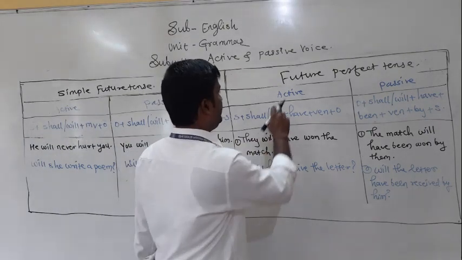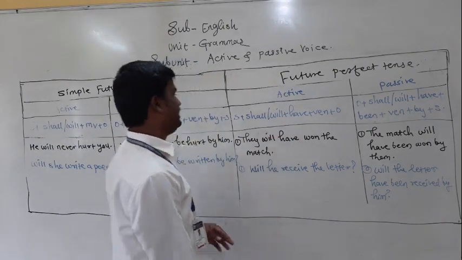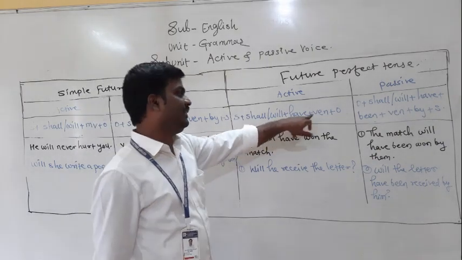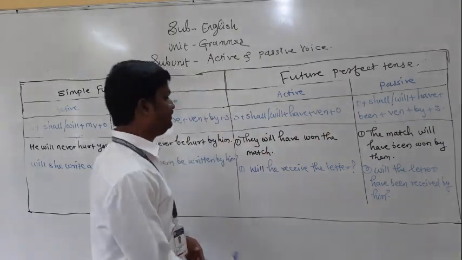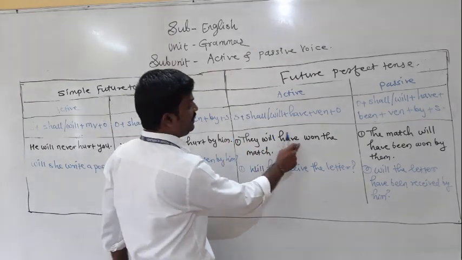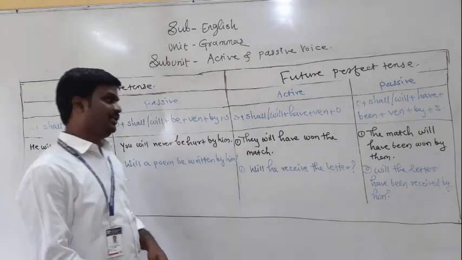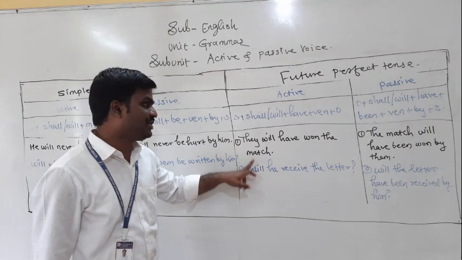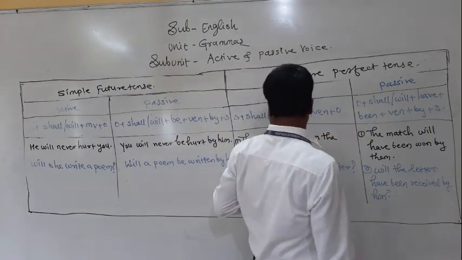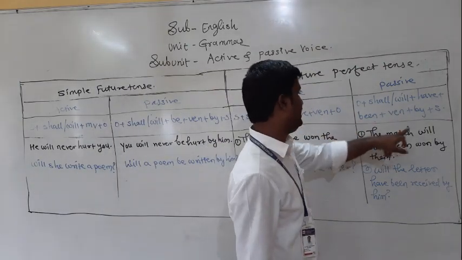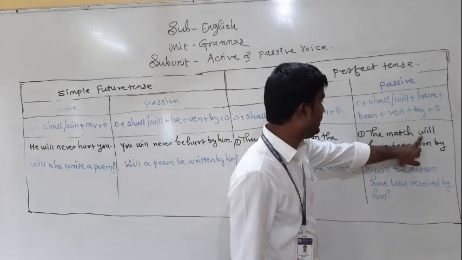Now the last point is here, that is the future perfect tense. Subject plus shall or will plus have plus third form plus object. See here. They will have won the match. The answer is here. The match is the object, so write it at the beginning. Then shall or will, in this case will, comes here.